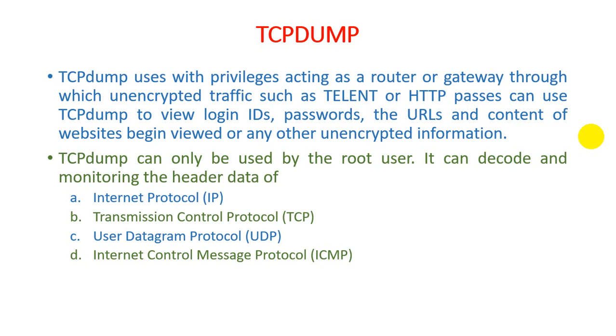It can decode and monitor header data like Internet Protocol, Transmission Control Protocol, User Datagram Protocol, and Internet Control Message Protocol. So guys, these are the four protocols which are really helpful to communicate with the internet, networks, outside of networks, and lots of functionality, like TCP provides wired connections and UDP provides wireless connections.